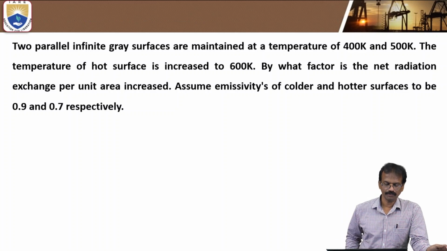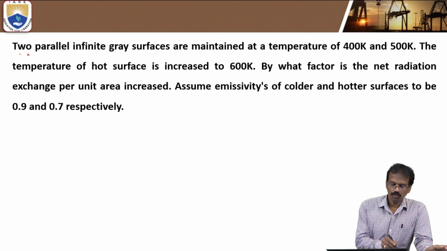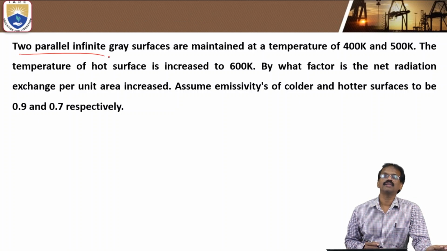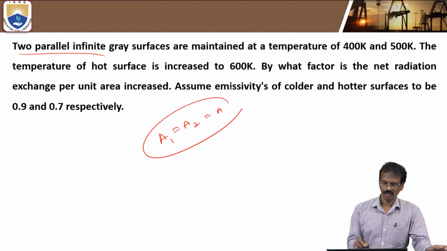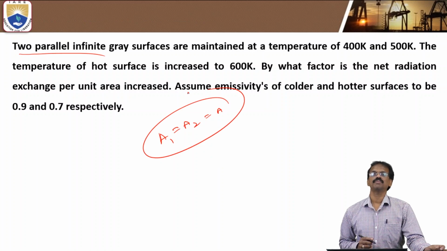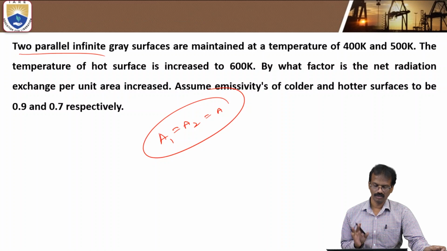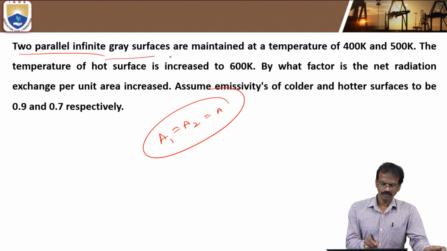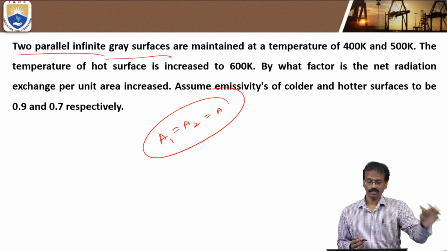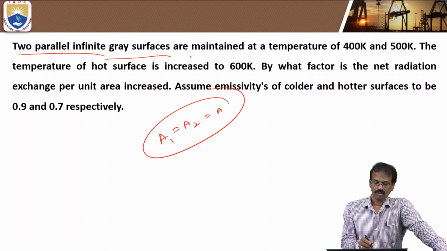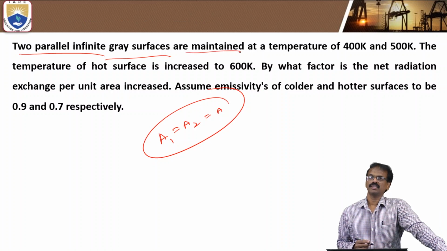Okay, the first numerical, the condition: two parallel infinite gray surfaces. Parallel infinite gray surfaces means the areas of both surfaces are the same, A1 = A2 = A. Parallel infinite means we can't measure the areas, so we take the areas of both plates as equal.